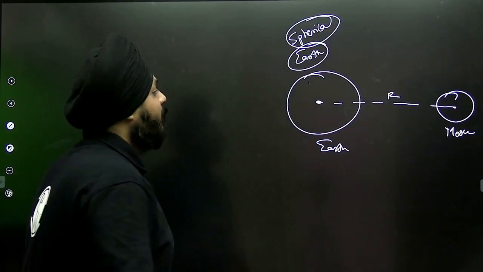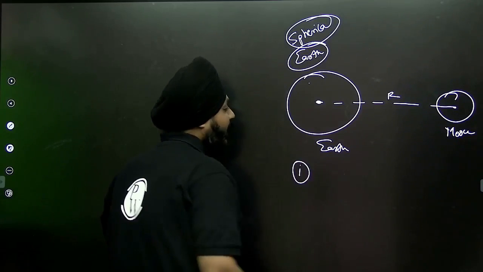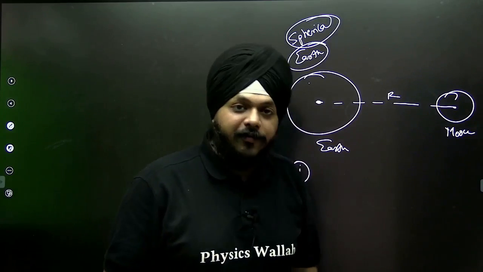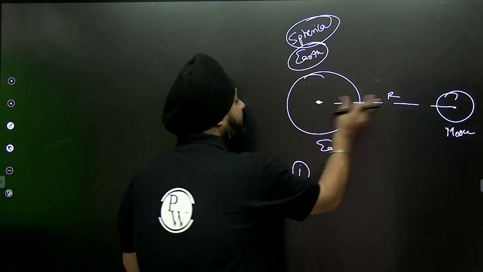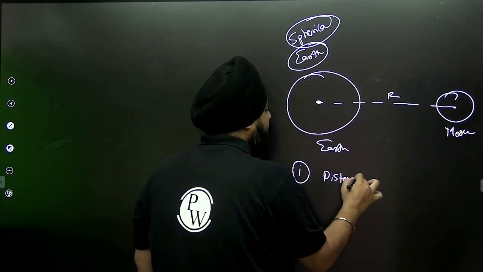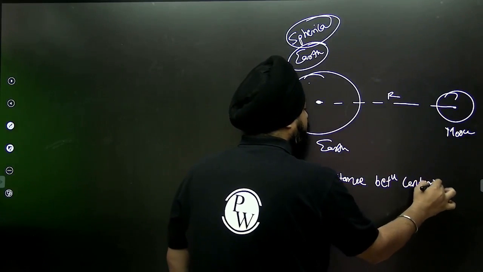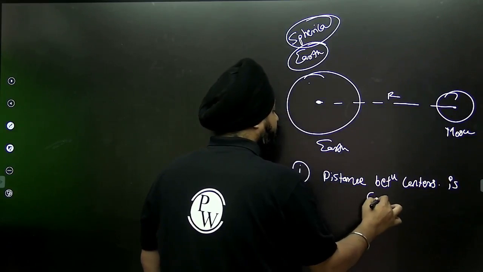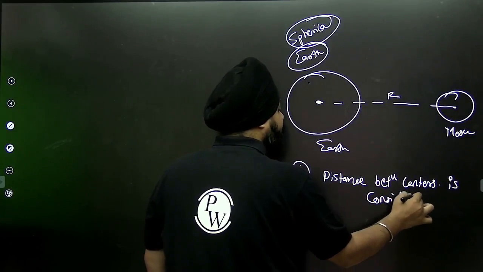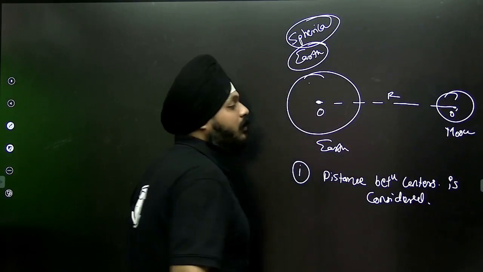So these are spheres. For this kind of rigid bodies, there is a different way of calculating the force. As they are separated, the distance between the centers is considered, not calculated. Distance between their centers, O dash.